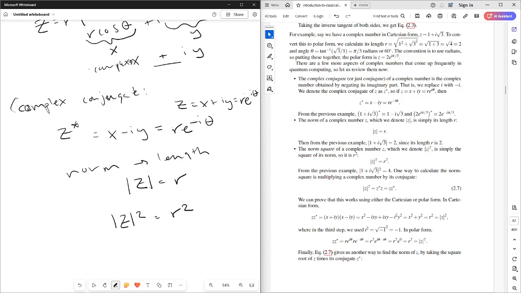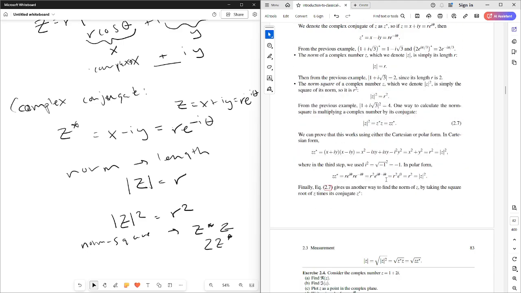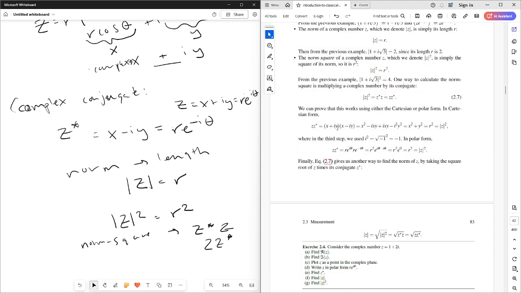So we can compute the norm square as well by multiplying a complex number by its conjugate. These two are equivalent. We can distribute this, and it proves it here. Nothing too crazy, just simple algebra. Distribute everything through, and you wind up with the same thing.